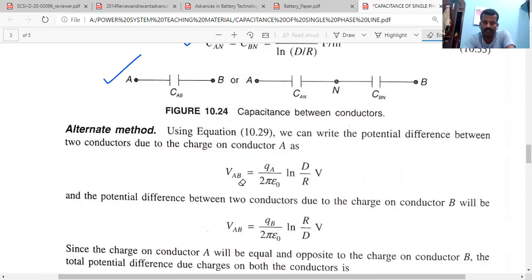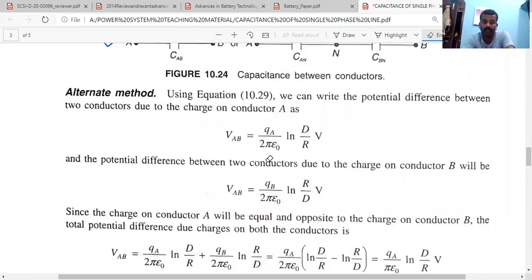VAB, as you know, the potential difference between the two conductors due to the charge on the conductor, VAB will be equal to simply QA, charge on A, upon 2 pi epsilon naught into ln d by r, and VAB due to the conductor B will be charge on conductor B upon 2 pi epsilon naught ln r by d. Right.